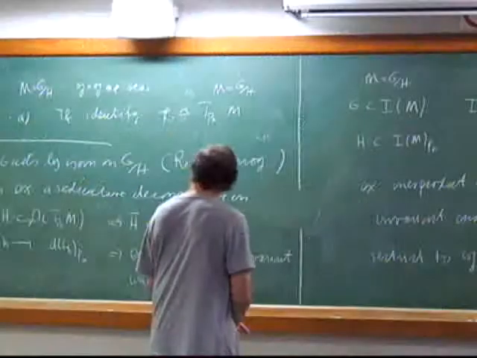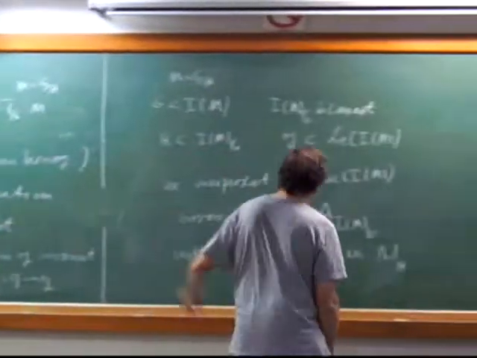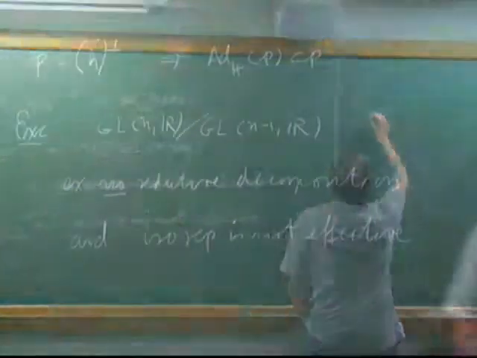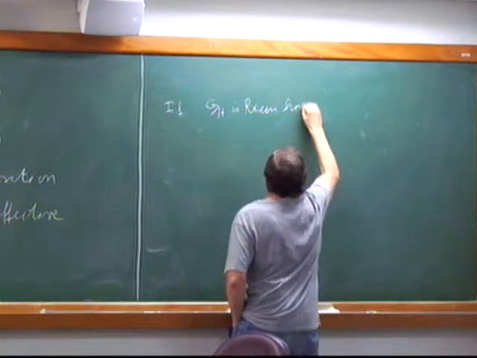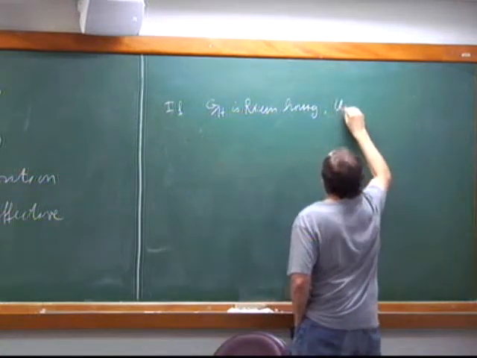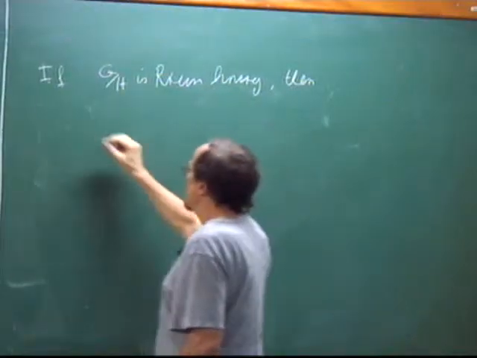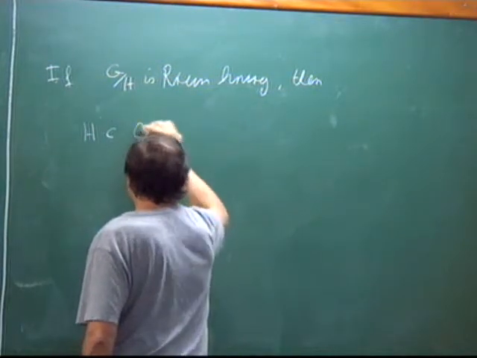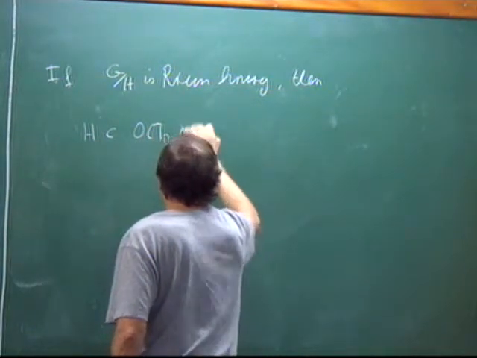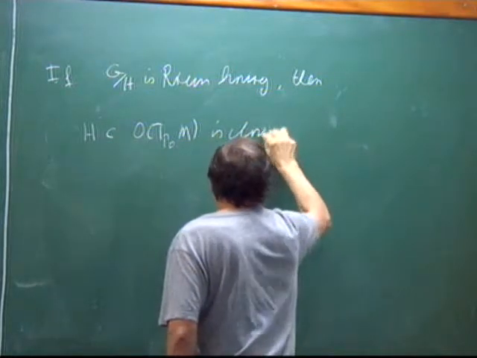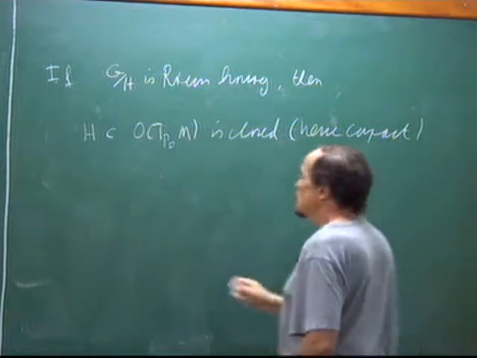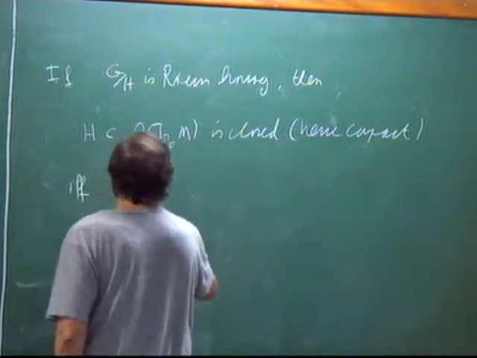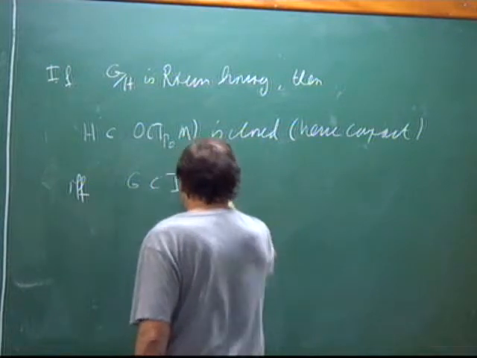Maybe one other remark, which is connected with this problem right here. If G mod H is Riemannian homogeneous, and the following thing is true, then H inside the orthogonal group of the tangent space is closed, meaning compact, if and only if G inside the full isometry group is closed.